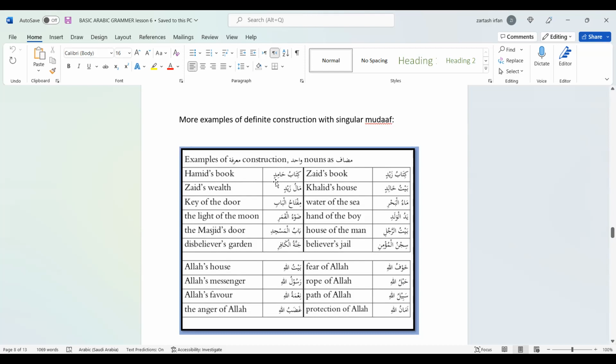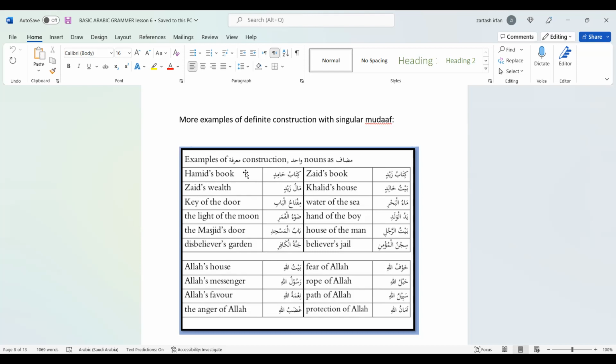It will have a kasra, and the mudaf will never have al. It will never have tanween, but we can have tanween in the mudaf ilayhi. Kitabu Hamidin, Hamid's book, or the book of Hamid. And why I'm saying the book? Because of Hamid, book is converted from an indefinite into a definite noun.